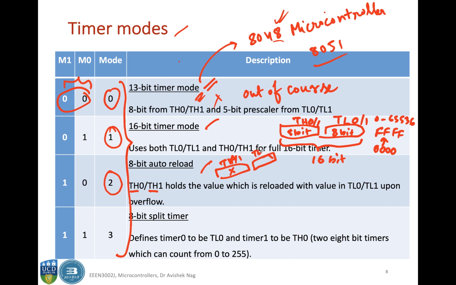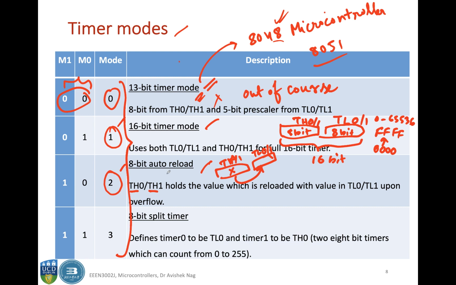Let's say this is TL0 or 1, and this value is reloaded here. That's why it's called 8-bit auto reload. So this is an 8-bit timer. This is not a 16-bit timer as in the case of mode 1.